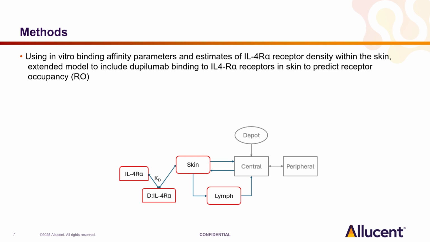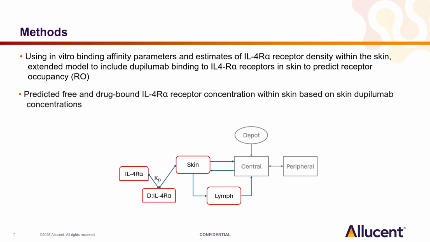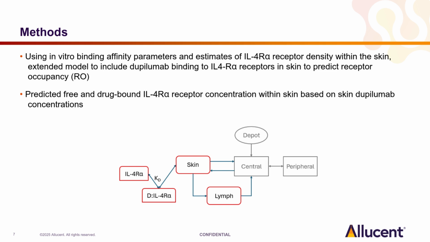The percentage of receptors bound to drug that are no longer available to bind to IL-4 and IL-13, those inflammatory cytokines. So we were able to predict free and drug-bound receptor concentrations within the skin based on the skin dupilumab concentrations.